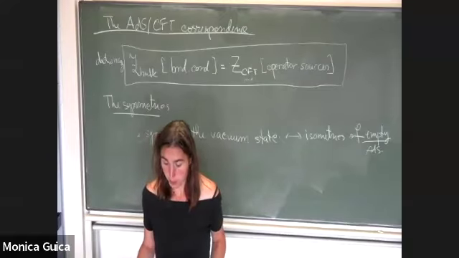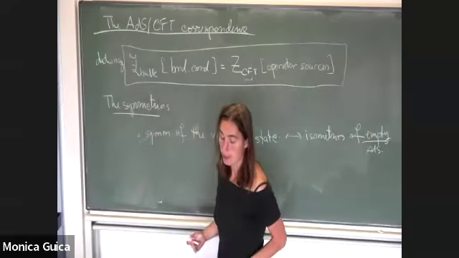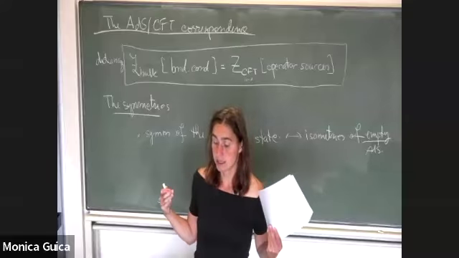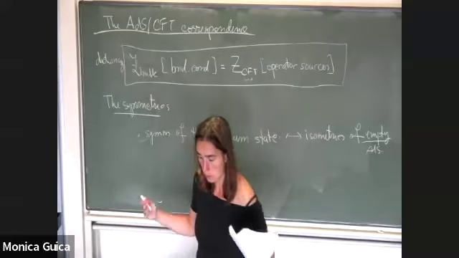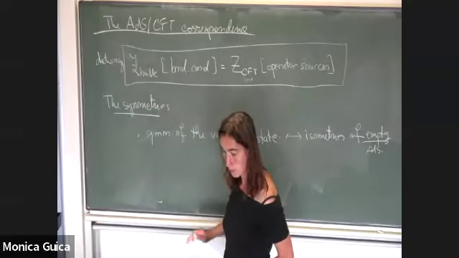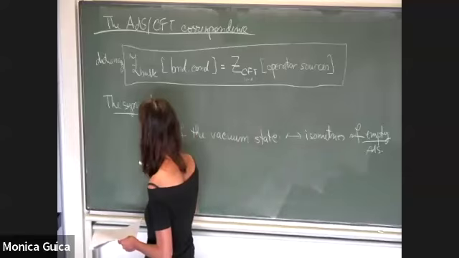However, these are just the symmetries of a state. And if you are really trying to match the symmetries of the two theories, there's a different correspondence that one should check.